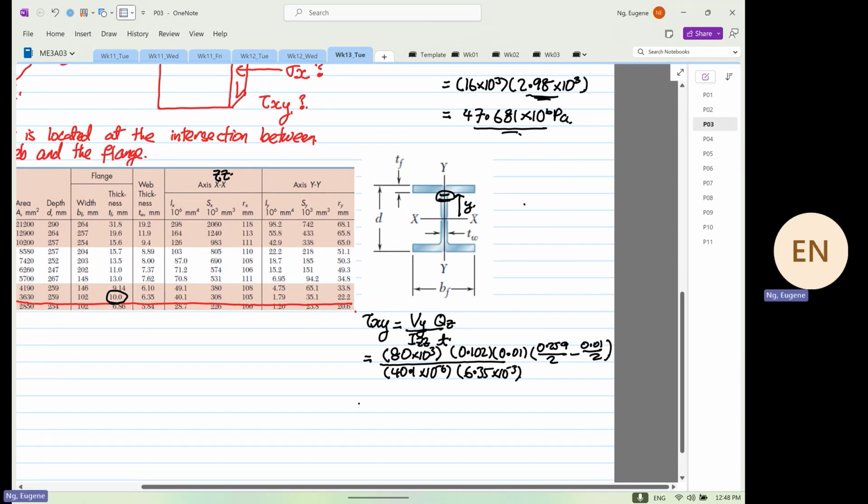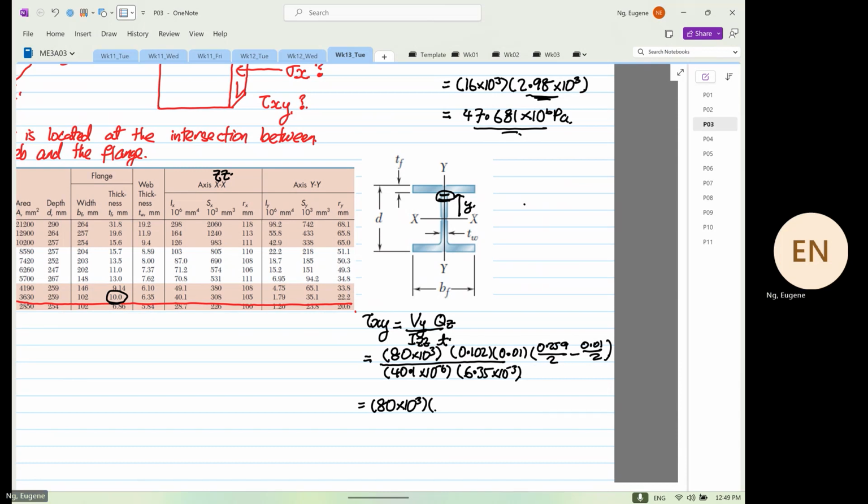So this will be equal to, again, 80 times 10 to the power 3, bracket 0.259 divided by 2 minus 0.01 divided by 2, times by 0.01 times by 0.102. I got 126.99 times 10 to the power minus 6, and then divide by 40.1 times 10 to the power minus 6, 6.35 times 10 to the power minus 3.